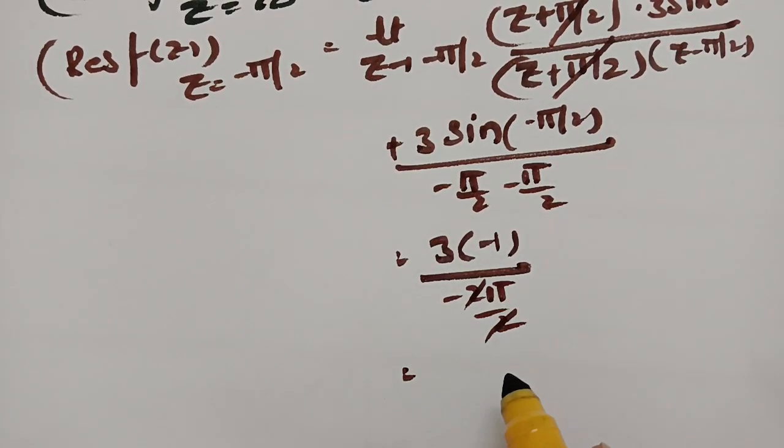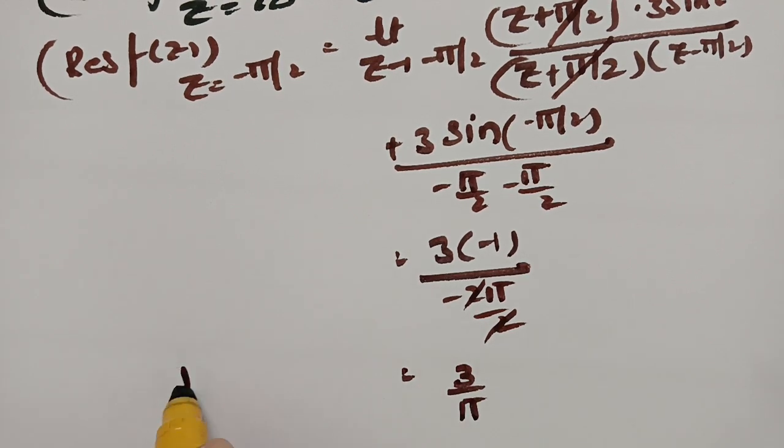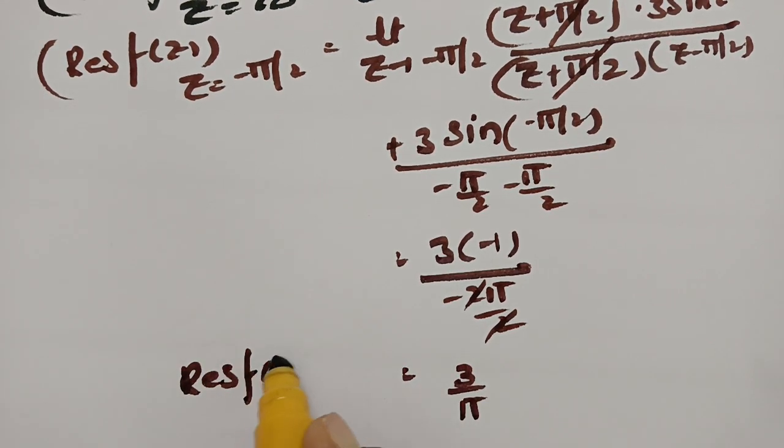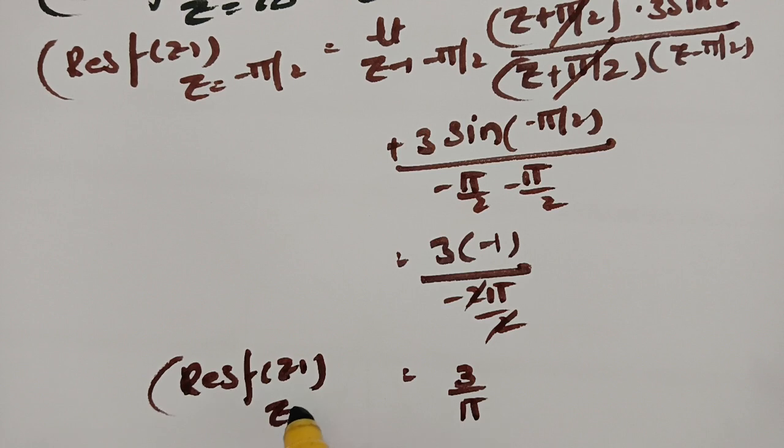After cancelling the signs, this will be 3 by π. Clear? So this is the residue value of f(z) at the point z = −π/2.